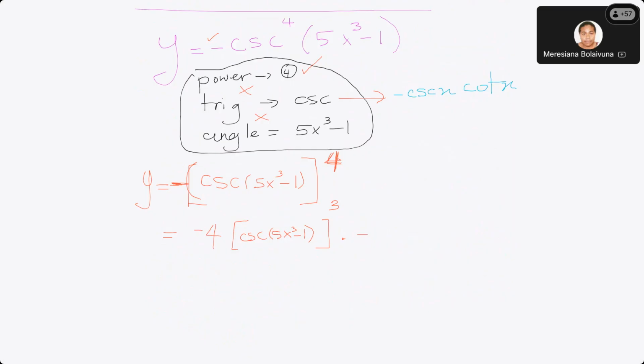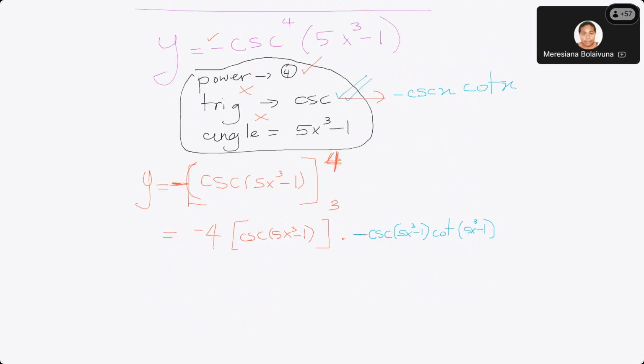So that means it's negative cosecant angle, and then cot and then the angle. Right? So this is this part here.